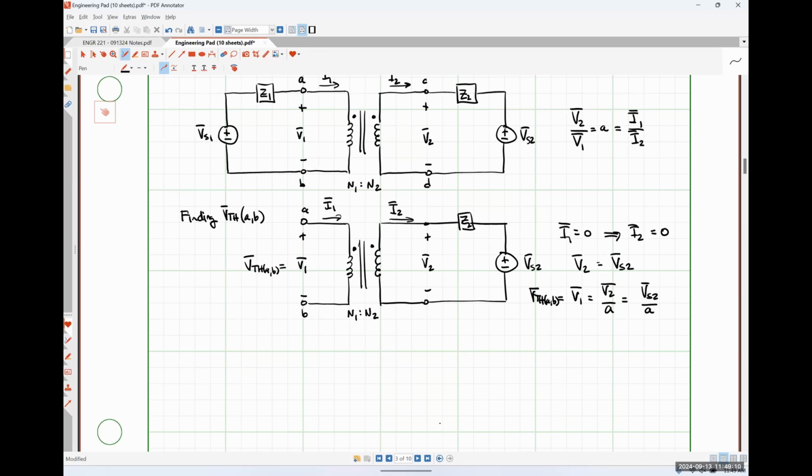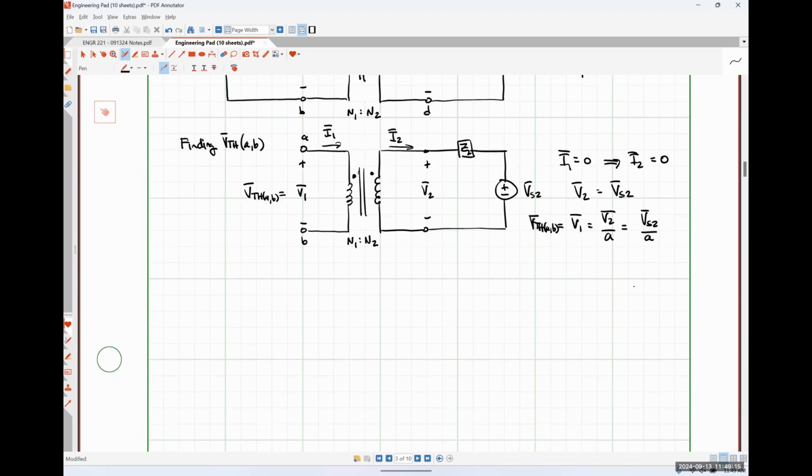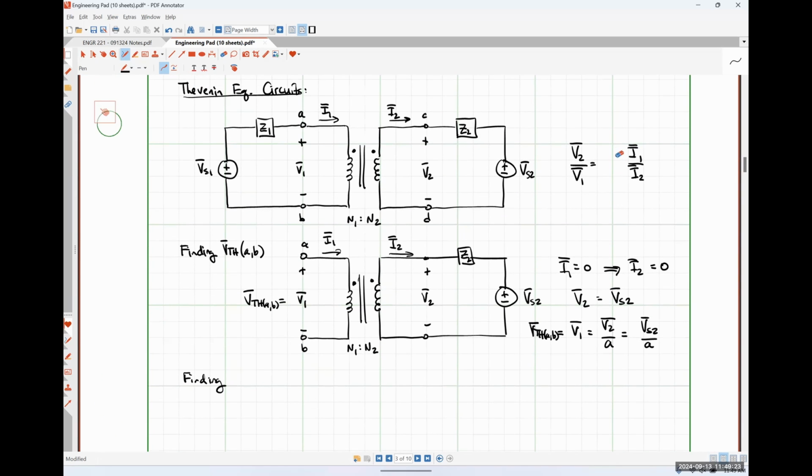All right. Now let's find the Thevenin equivalent impedance, seen looking in between terminals A and B. Maybe it would be better if I wrote this as two separate things.